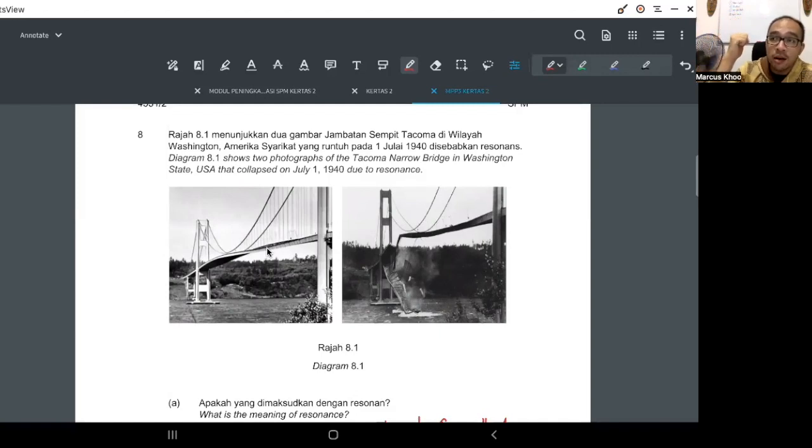So you are really vibrating. I can share this in the group later. And the wind was not stopping, so it was continually vibrating until the bridge could not take it anymore. It finally broke. So that's what happened to this bridge.